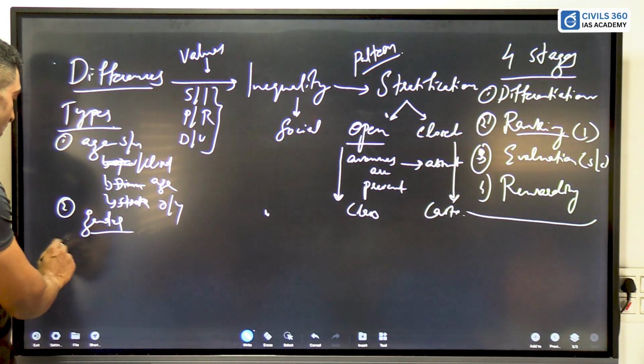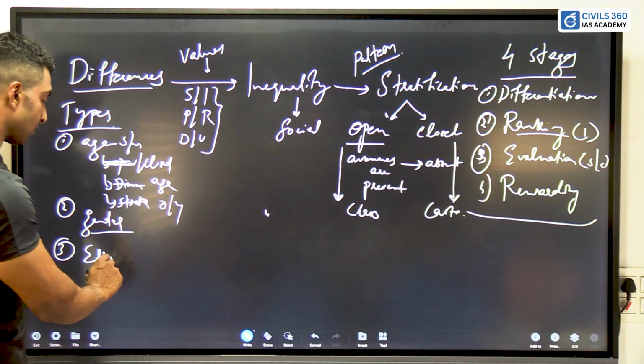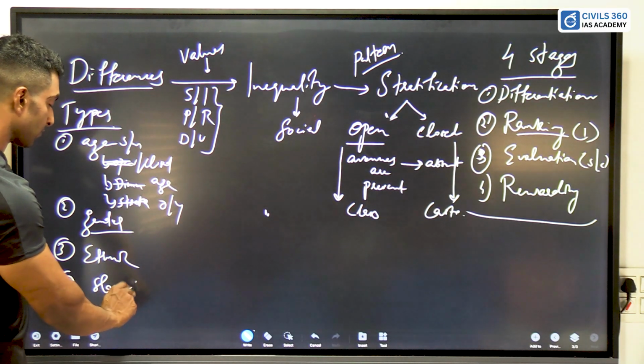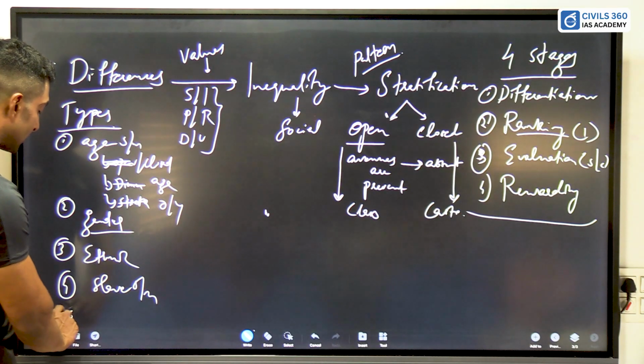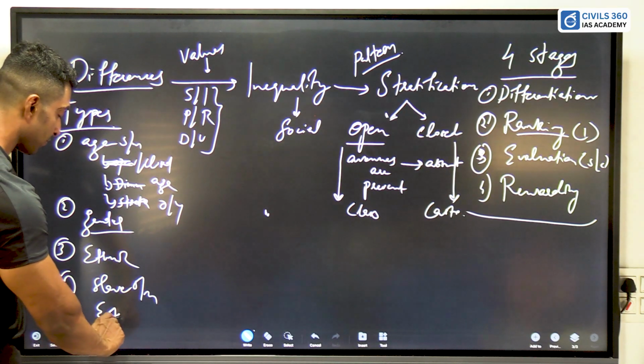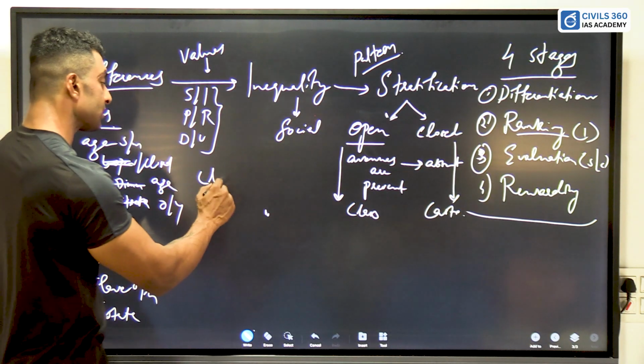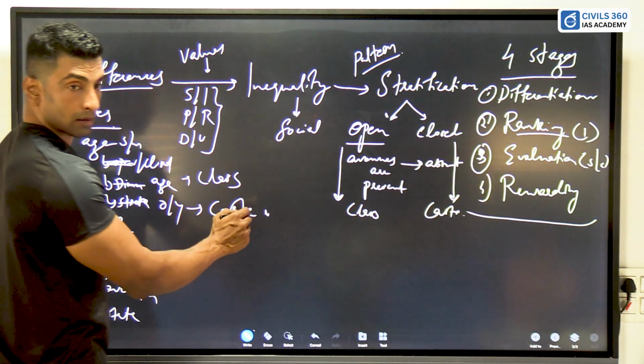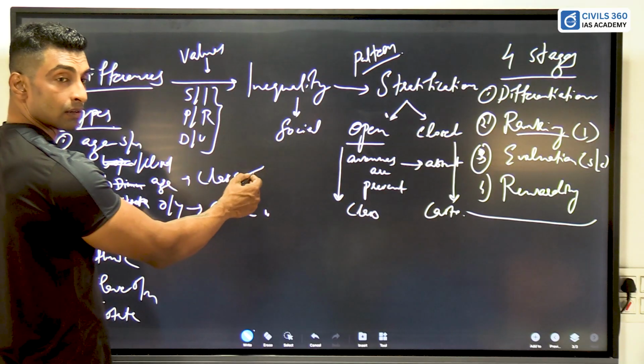And then we have seen ethnicity, ethnic stratification. We have seen slave system. We have seen estate system. We have seen class system. We have seen caste. Class means, what are the dimensions of class?